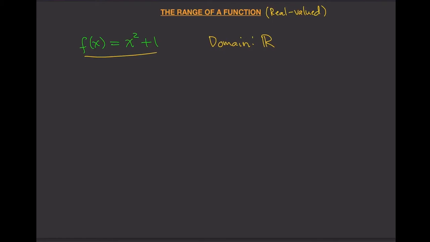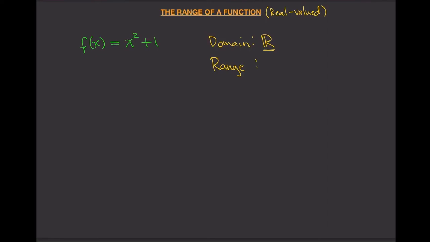Okay, so now let's find the range for this function. Now, what is the range, by the way? The range is the set of all possible outputs based on your domain.